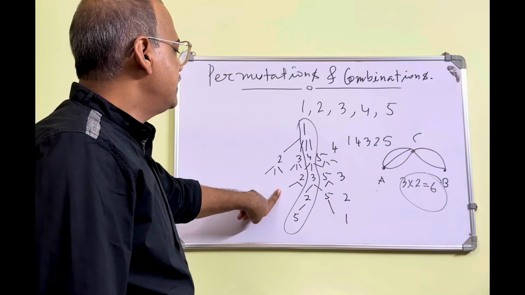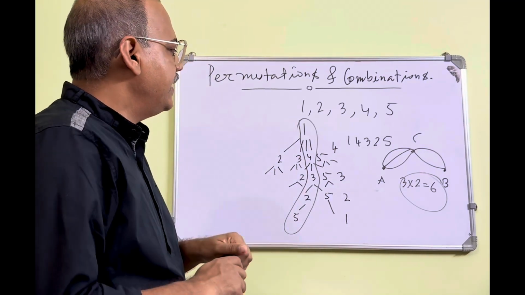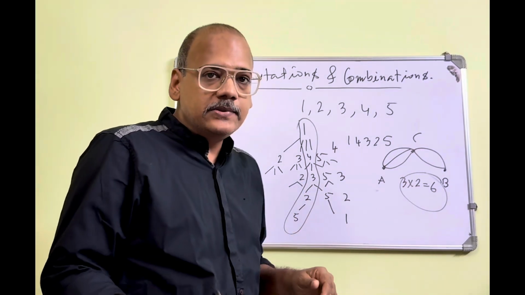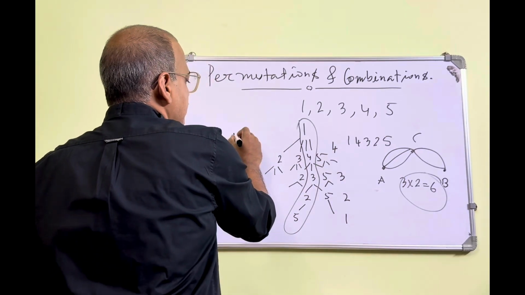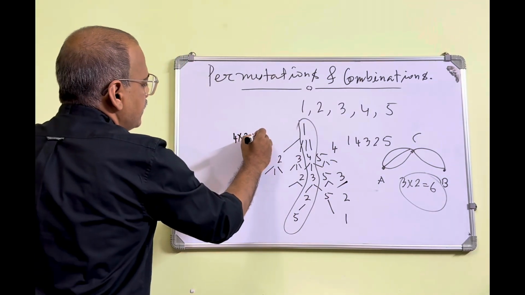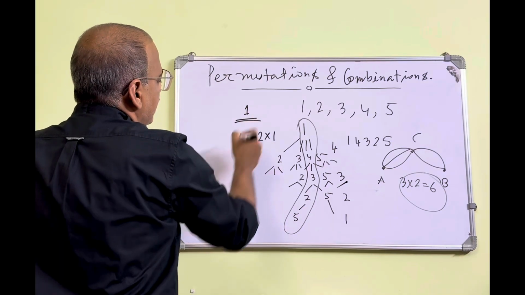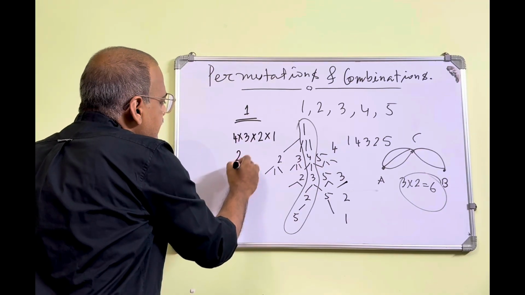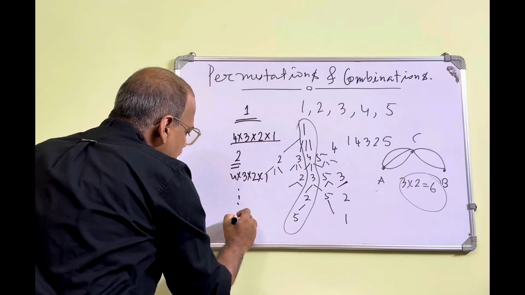If we apply the same multiplication, how many different arrangements can be made? Other way around, how many five-letter words can be formed starting with 1? It should be 4 times 3 times 2 times 1. Likewise, how many numbers should be there starting with 2? It would be the same, 4 times 3 times 2 times 1.